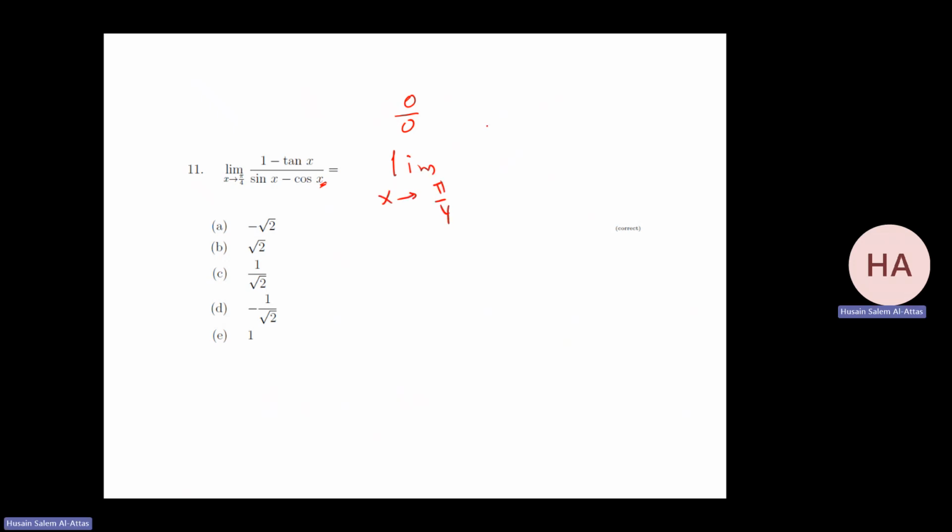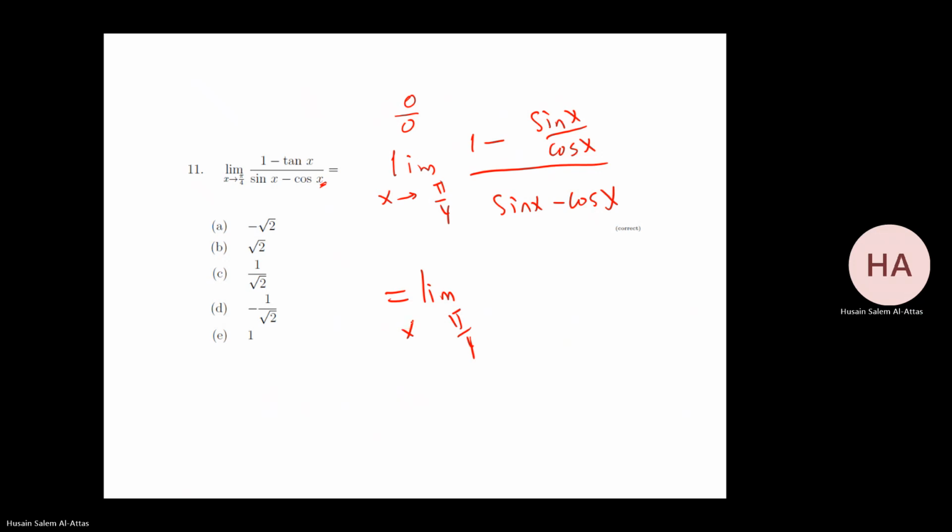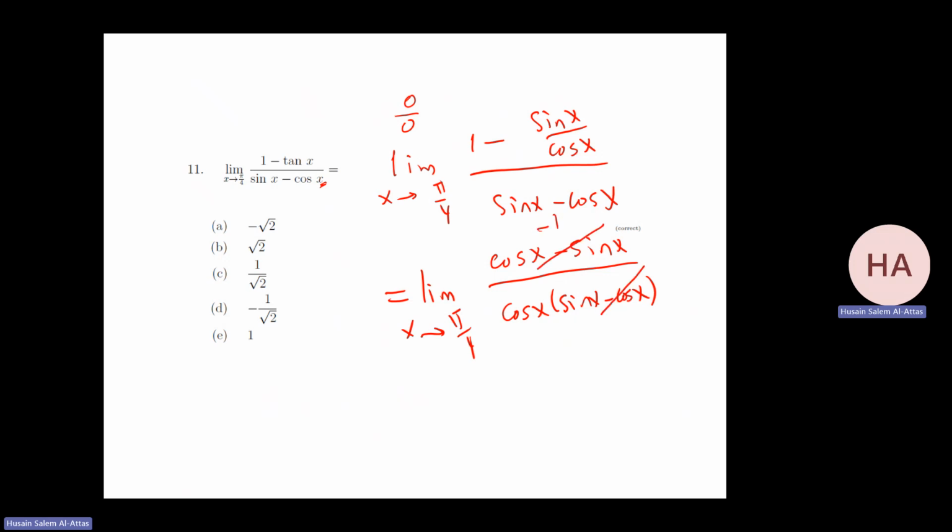Just define tan x as sine x over cosine x, and just do the calculation. Then something will be cancelled. If you do this, you're getting cosine x minus sine x over cosine x, sine x minus cosine x. Now this with this cancelled. I'm getting minus 1.